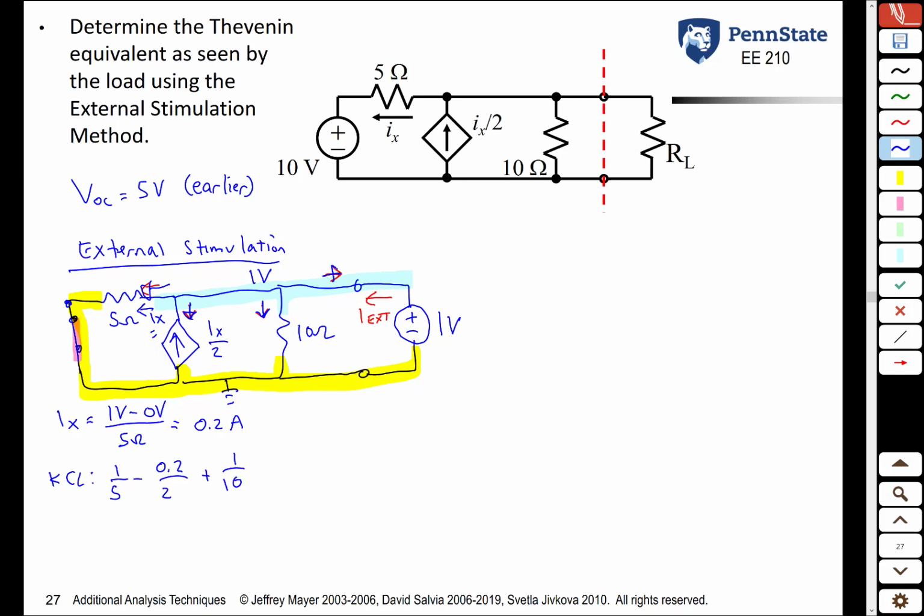The current going to the right is negative I external. This is what we're solving for. Sum of all those currents is equal to 0. So what's I external? Bring it to the other side. It's 0.2 minus 0.1 plus 0.1, or 0.2 amps.